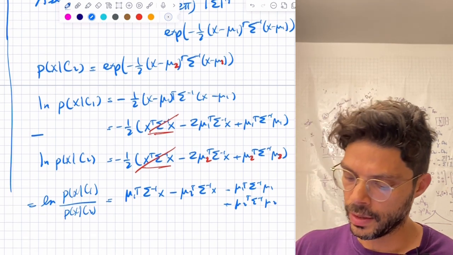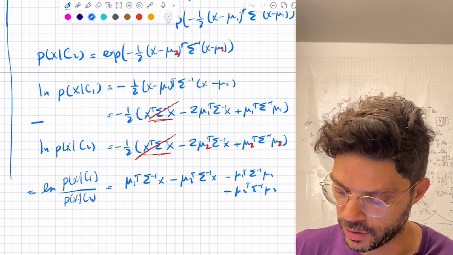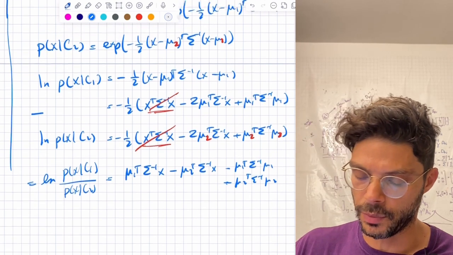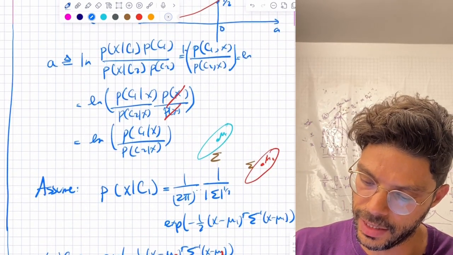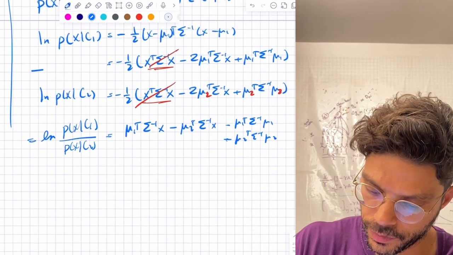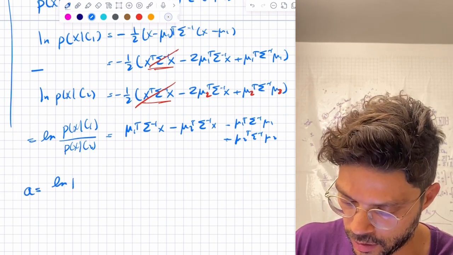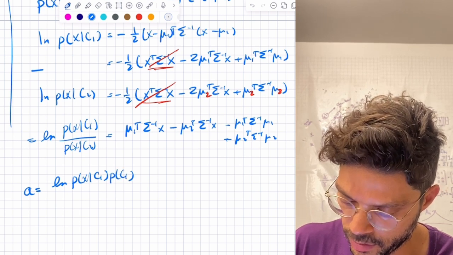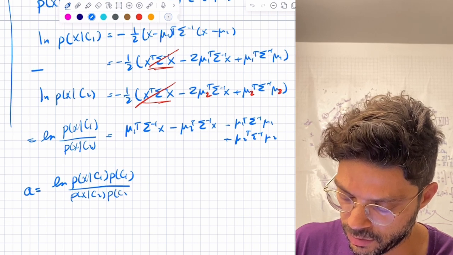Okay? And then there'll be a term for the prior, I was just going to include that as well. So when we want to compute this a, a is ln of p of x given c1 times p of c1 over p of x given c2 times p of c2.